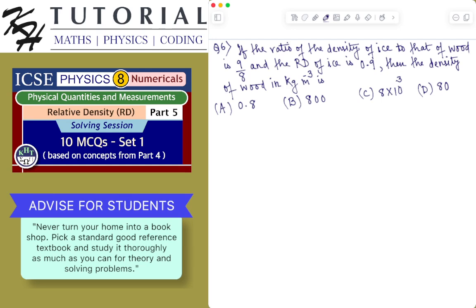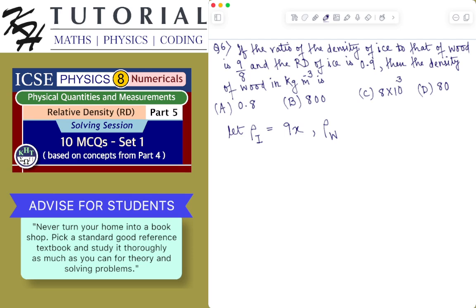Okay, so since the ratio of the density of ice and wood is given, I'm using the concept of ratio and proportion from mathematics. I'm denoting the density of ice to be rho I. Let rho I be equal to 9x, and I am denoting rho W to be wood.